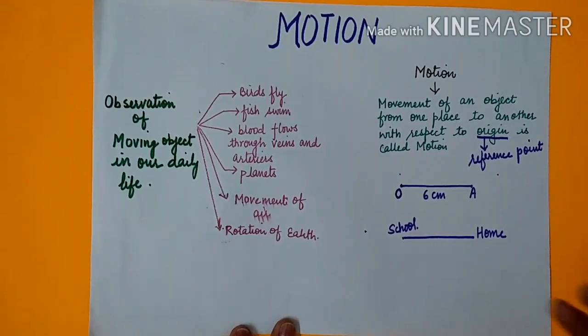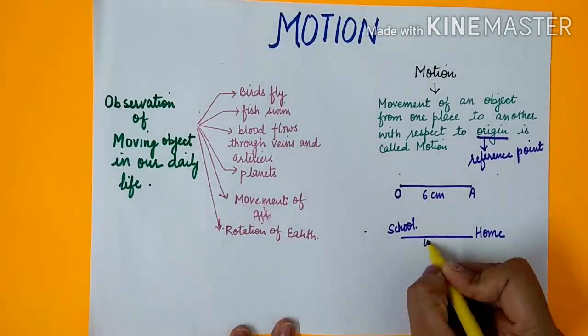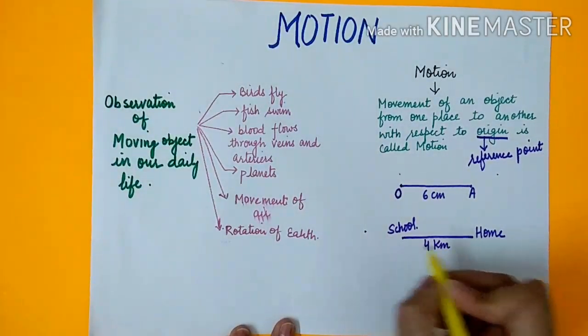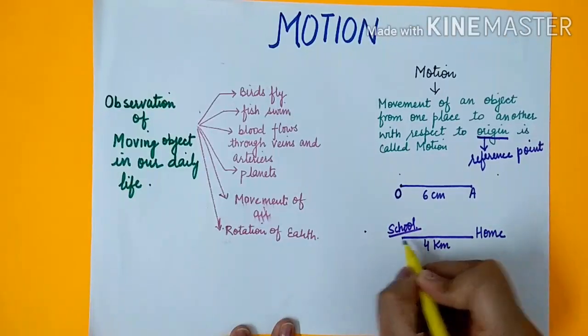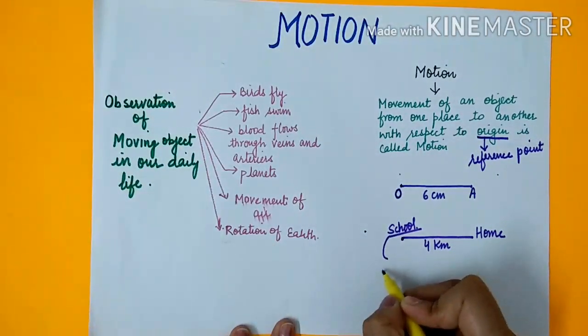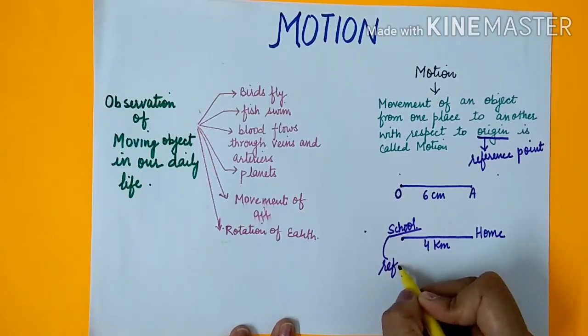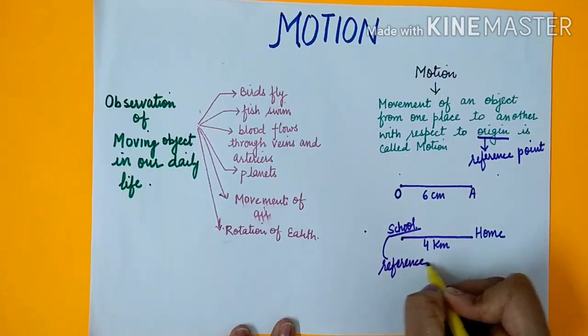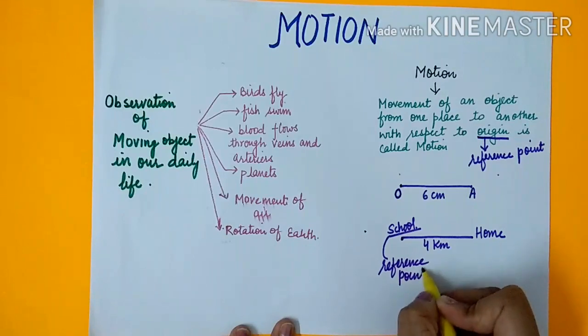You have to tell that your home is 4 kilometer far away from your school. So in that measurement, your school is the reference point. Right?